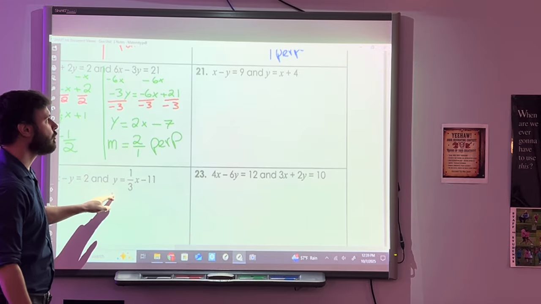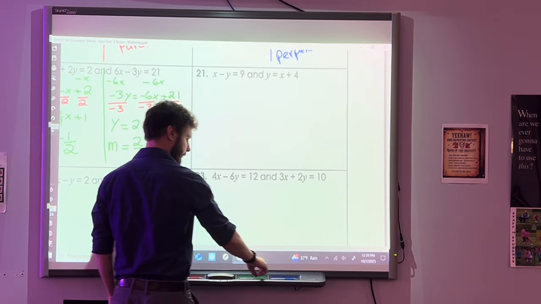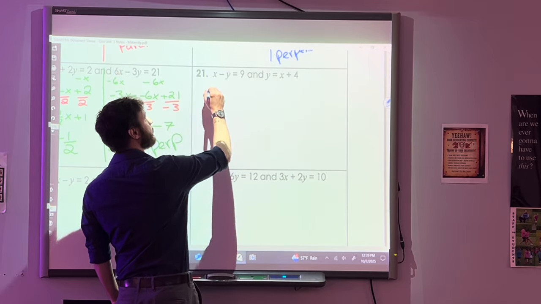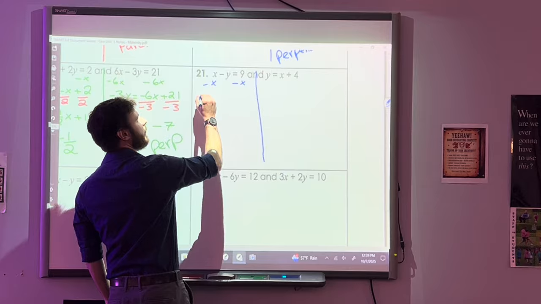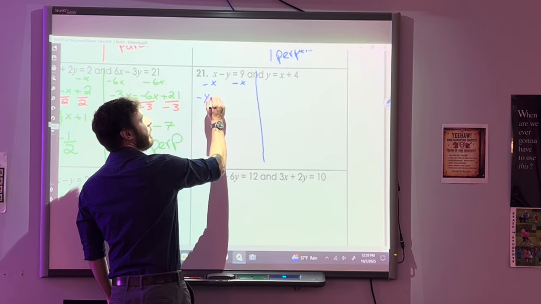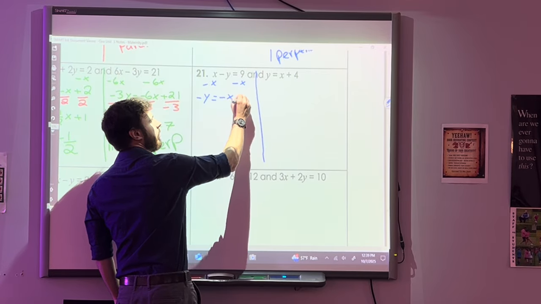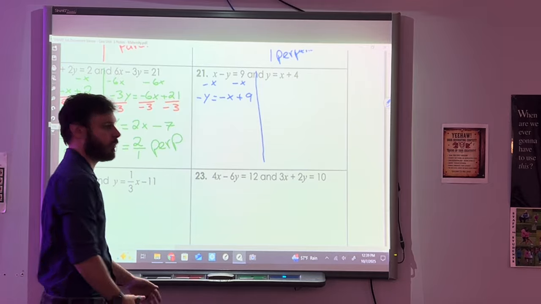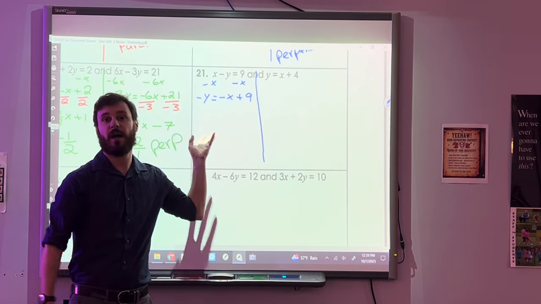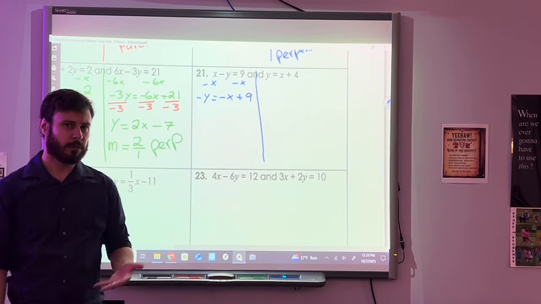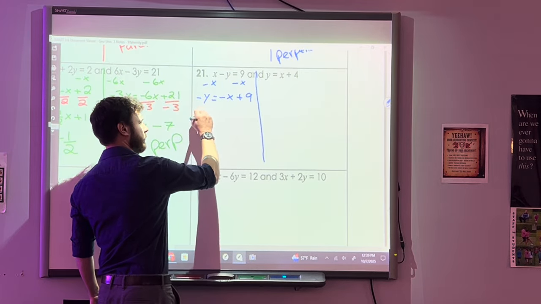One more. Get the y all alone. Negative y equals negative x plus 9. Okay, so here's an algebra trick. You don't want negative y, you want positive y. So no big deal. Change it to be positive.